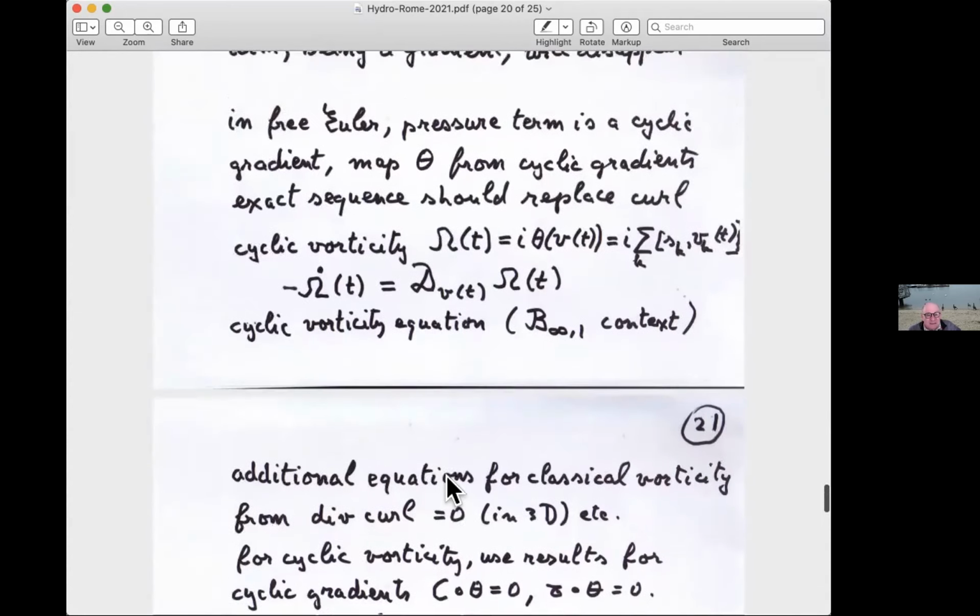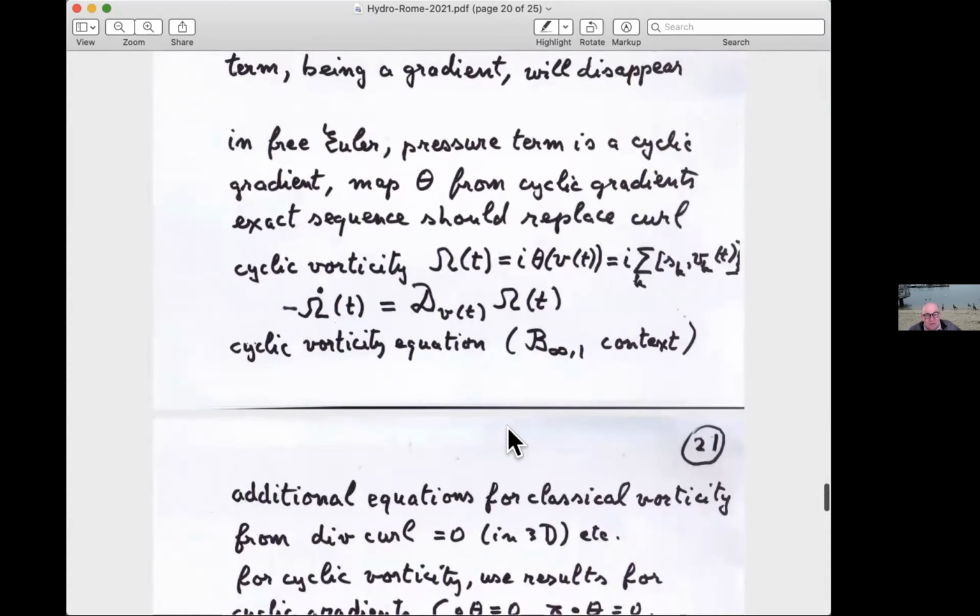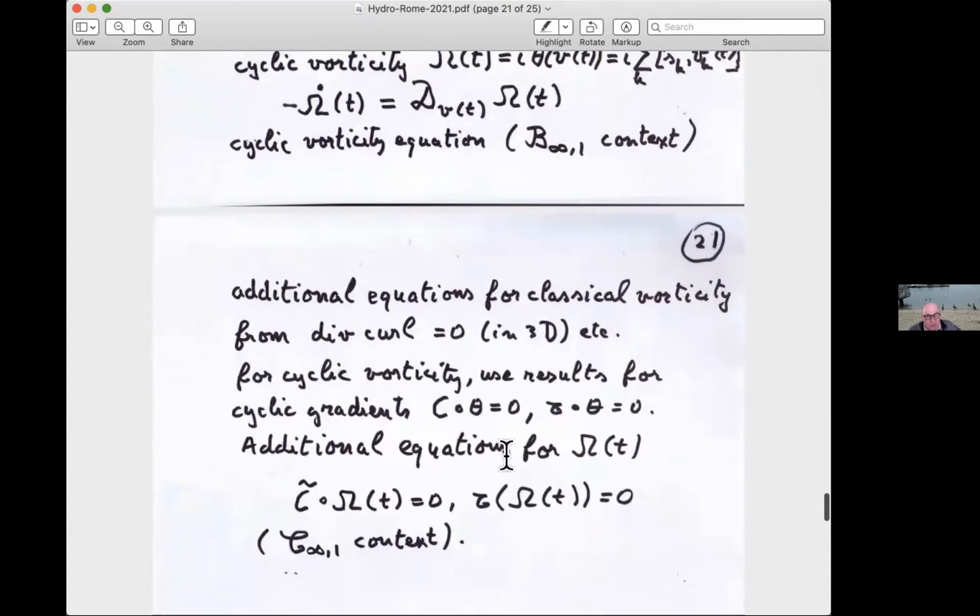There are equations which give the evolution of the vortices, but there are also equations like the divergence of the curl being 0.